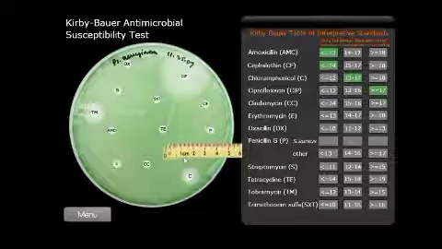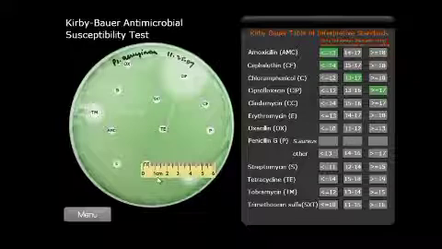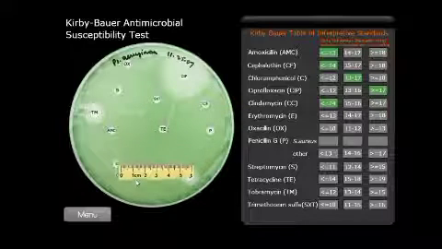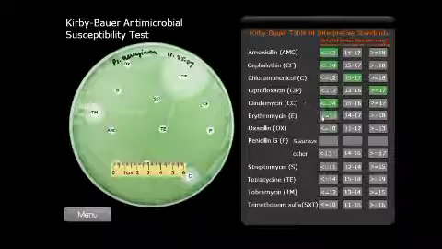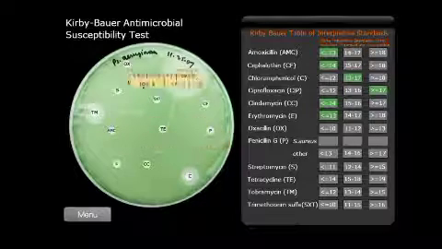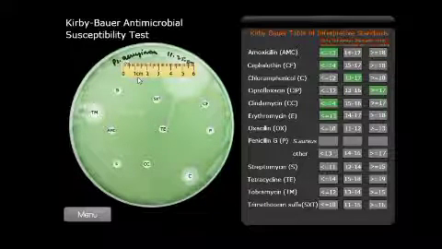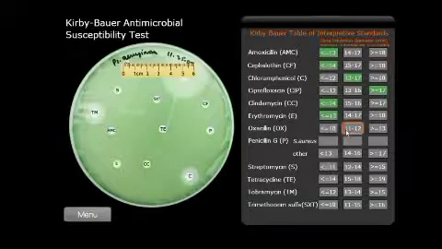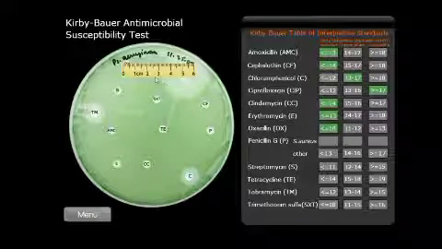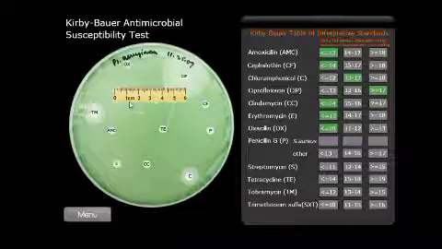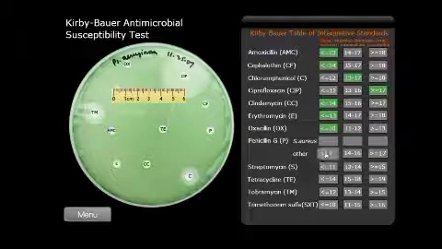CC, 7, which is resistant. E, 6, which is resistant. OX, 6, which is resistant. P, 7, which is resistant.